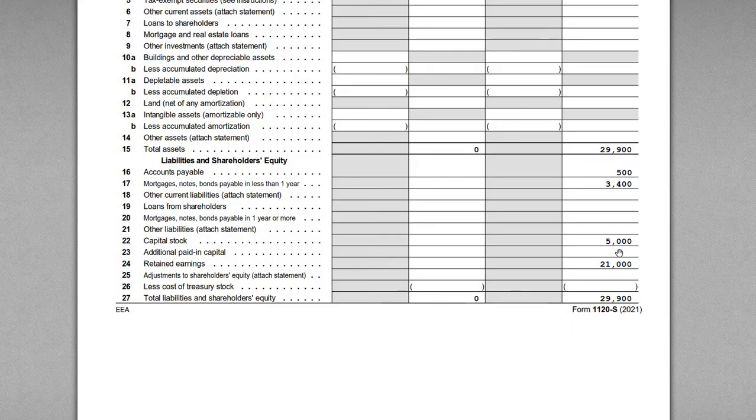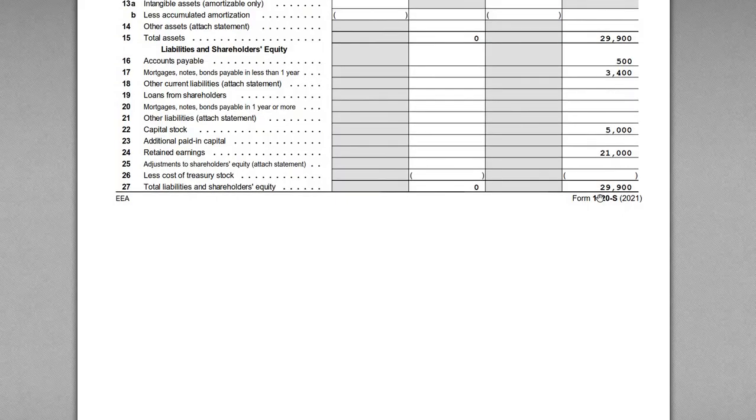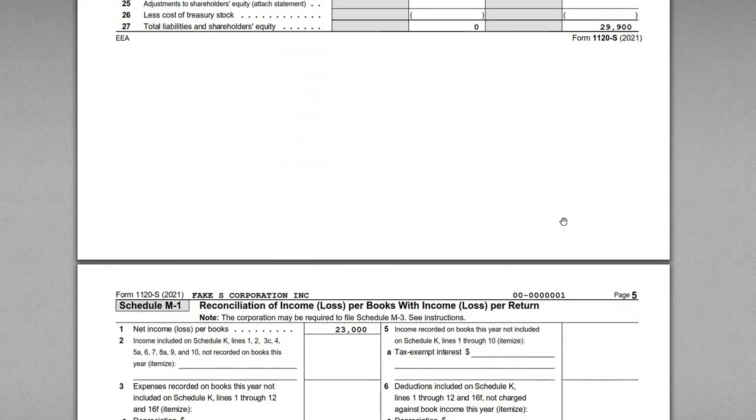And a lot of companies will have a line item there because they're paying more to get the stock in excess of whatever the par value per share amounts. And then the retained earnings number there is going to be the book income or loss for the year reduced by any dividend distributions. So the retained earnings reconciliation there can be found on page 5 of the 1120S.